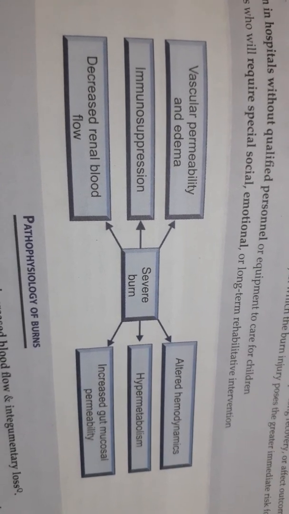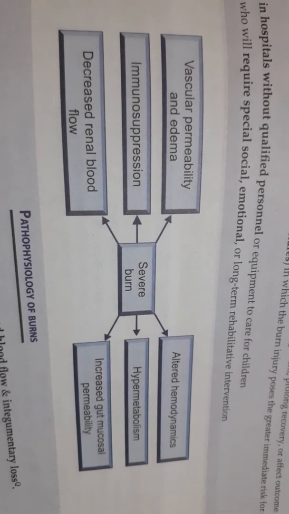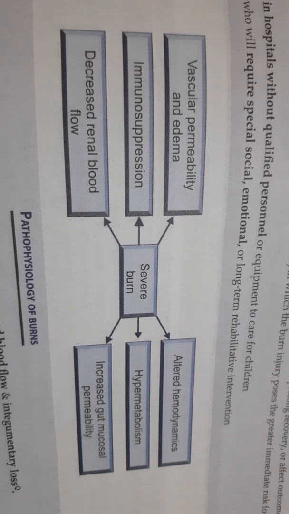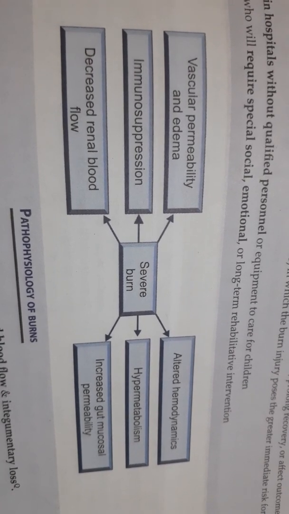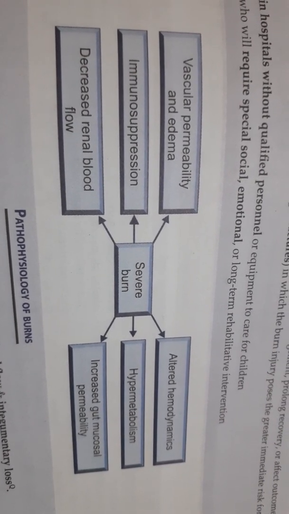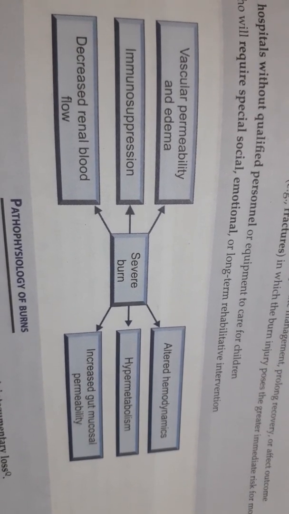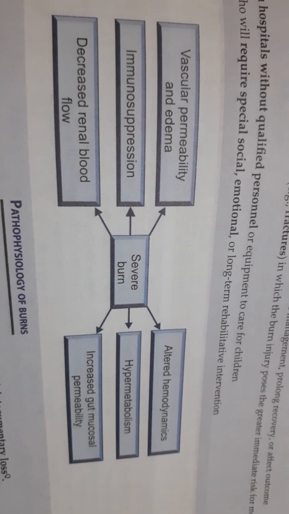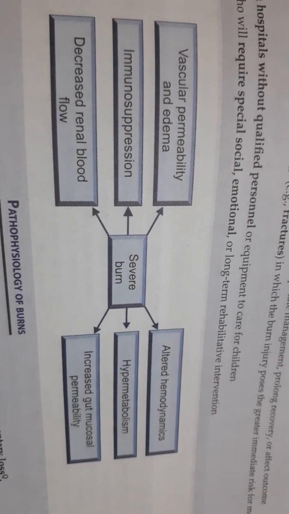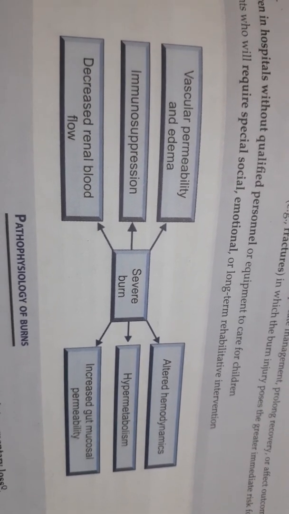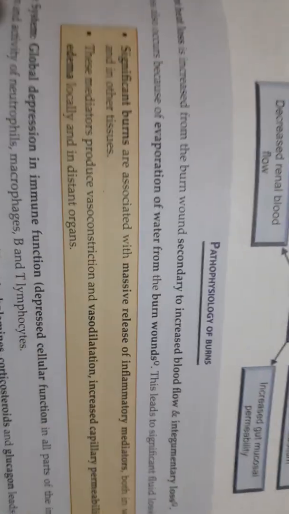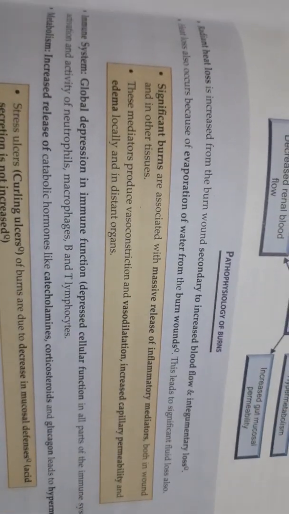Severe burn: vascular permeability and edema, immunosuppression, decreased renal blood flow, altered hemodynamics, hypermetabolism, increased gut mucosal permeability. Pathophysiology of burn.